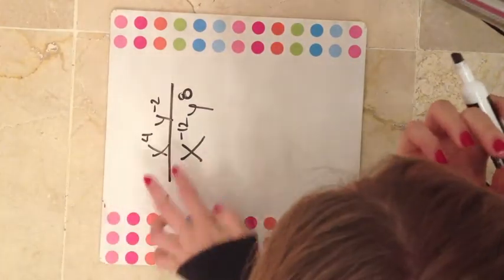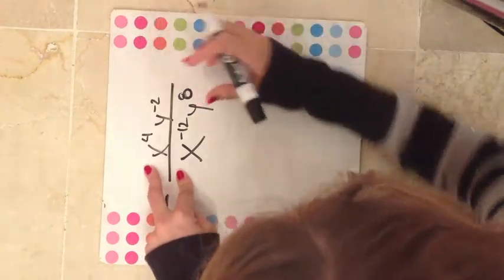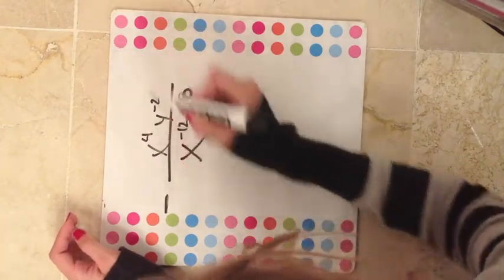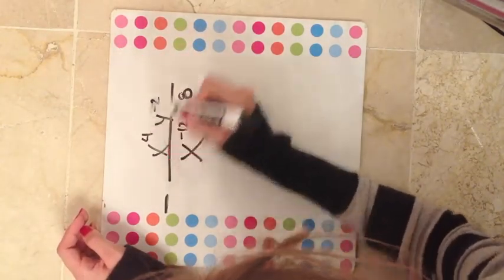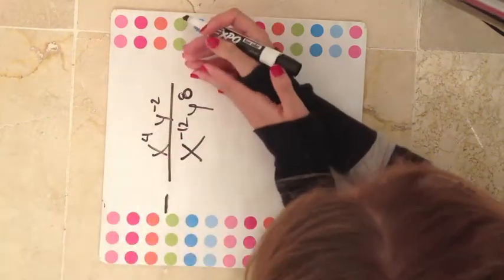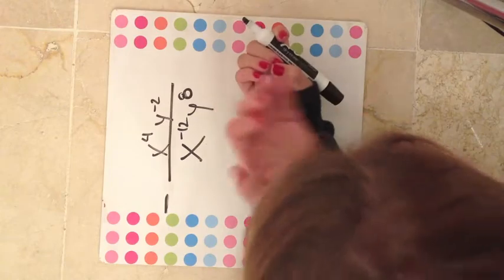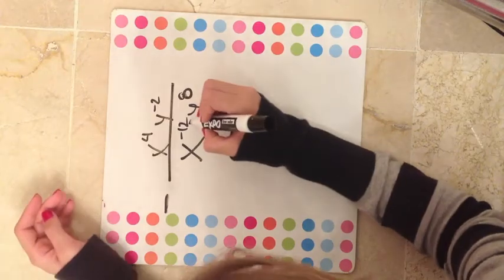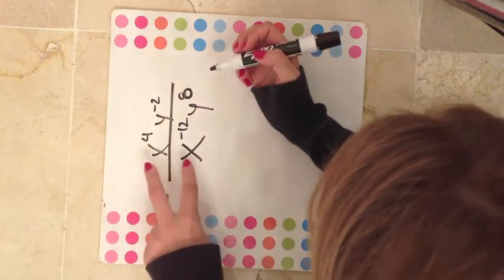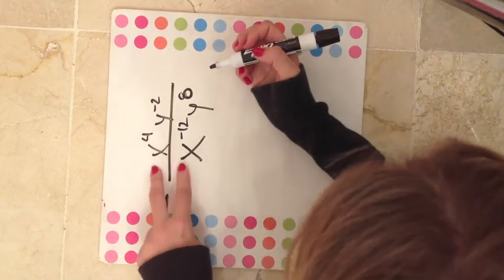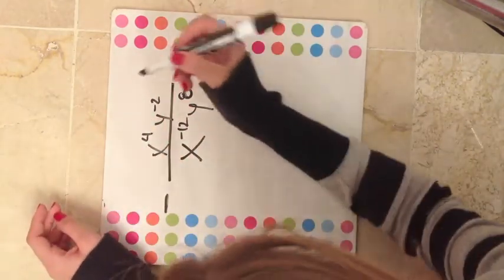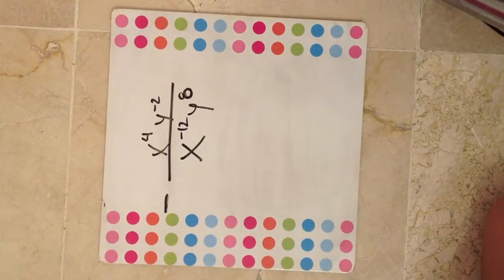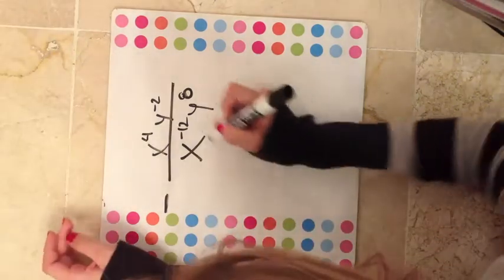What you do is you divide the exponents of the variables that are the same. For example, you cannot do anything with this x to the power of 4 and this y to the power of 8 because they are different variables. So you need to take those two exponents, 4 and negative 12, because they come from the same variable, which is x, and you need to subtract them. So you take 4 minus negative 12, which is 16.